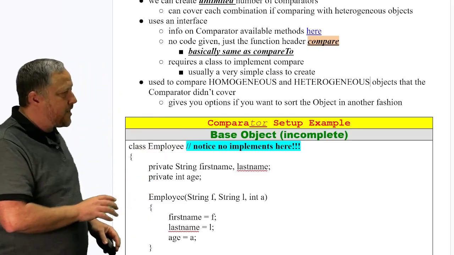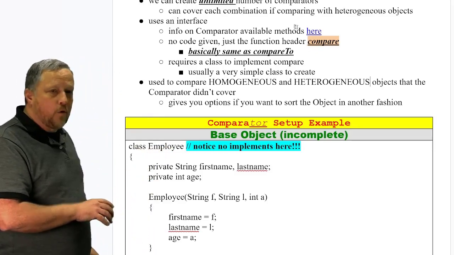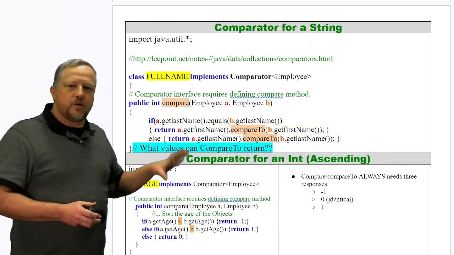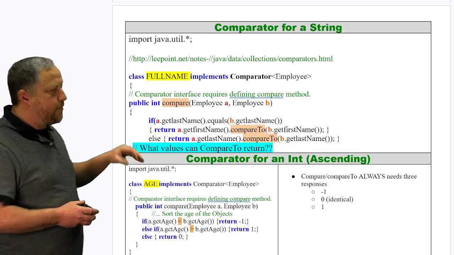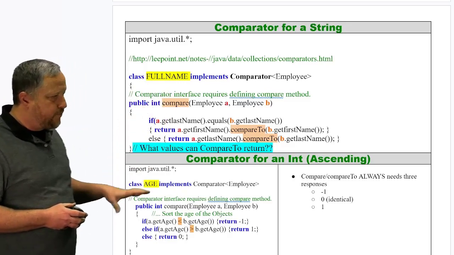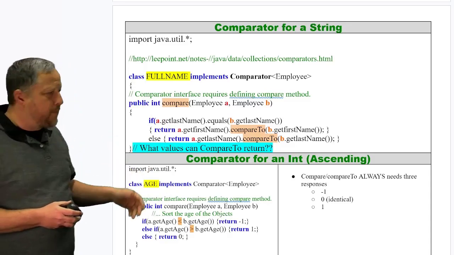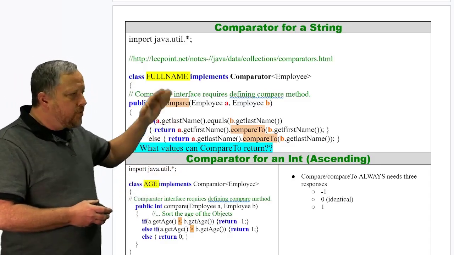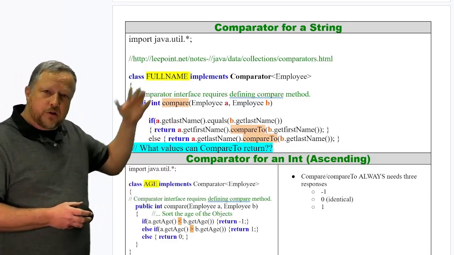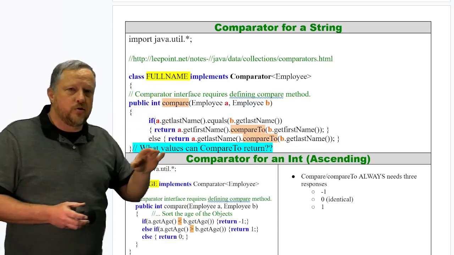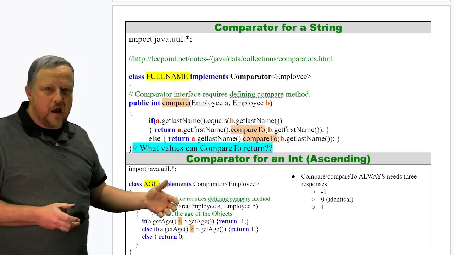But here's the class setup. This is what the overall comparator looks like. So I'm showing you two different versions of a comparator here. First for a string, and then another one for a value or an integer or some type of numeric value. When we're doing a comparator for a string, let's first look at the overall general setup. Number one, we have class full name. So notice it has a completely different object.